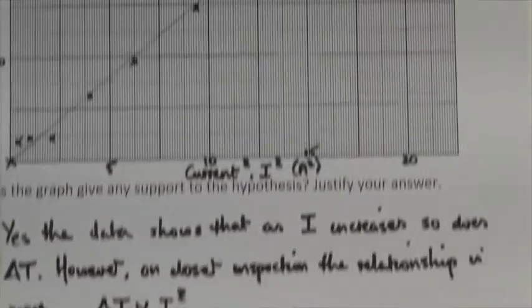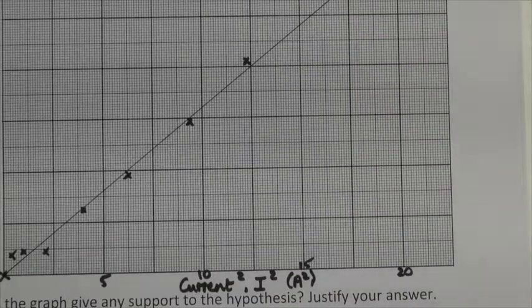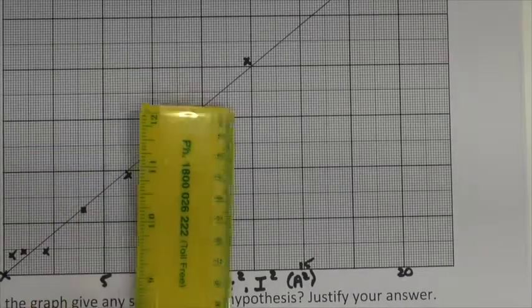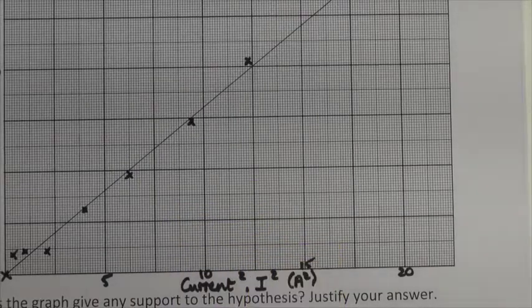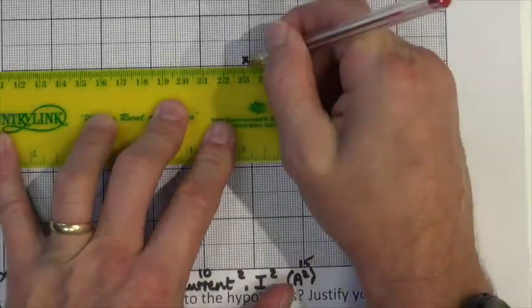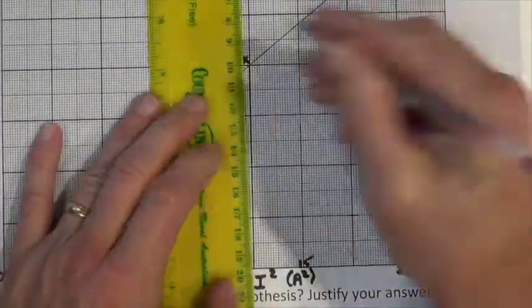So I'm going to go back to my graph and see which point fits best. So I'll just get my ruler. Okay, so let's have a look. Well, this point seems to cross the line quite nicely. I'm going to use a red pen.